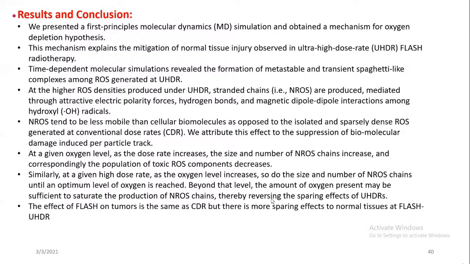This mechanism explains the normal tissue sparing observed at flash dose rates, and the time-dependent molecular simulation revealed the formation of non-reactive oxygen species, which explains why the normal tissue can be spared at flash dose rates.